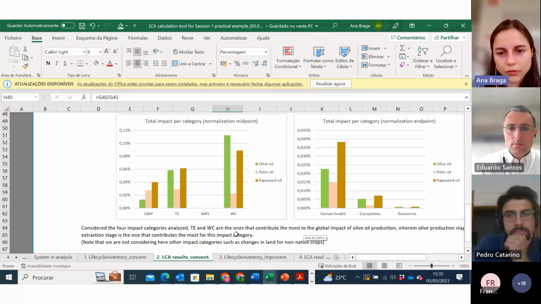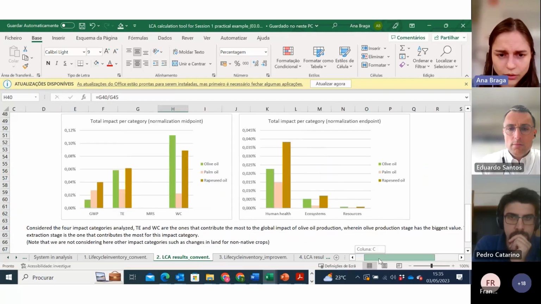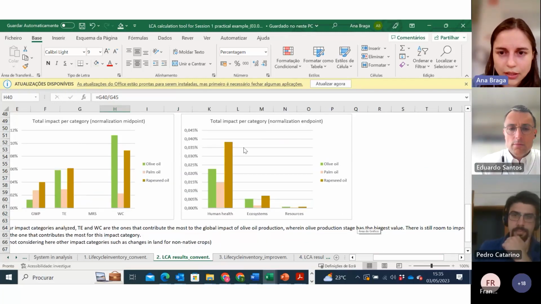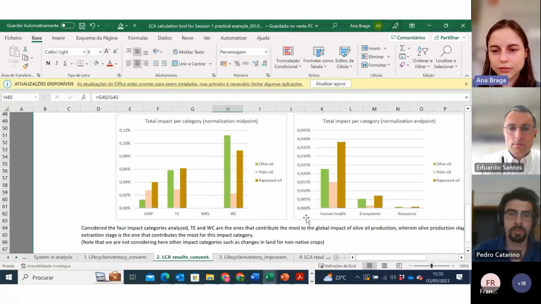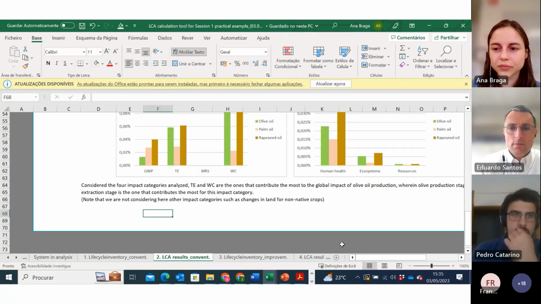In water consumption, in our inventory, what we consider here is only a relative approach. Yes, it has more impact related to the other two, but in the endpoint perspective analysis, we are in the middle. So we have some room for improvements.